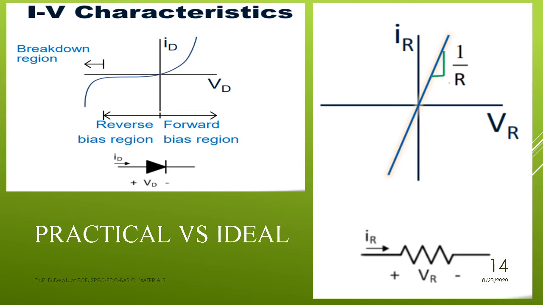Similarly, at a particular point in forward bias, VF by IF is called the static resistance of the diode. Static resistance is in general calculated at one point on the characteristics.